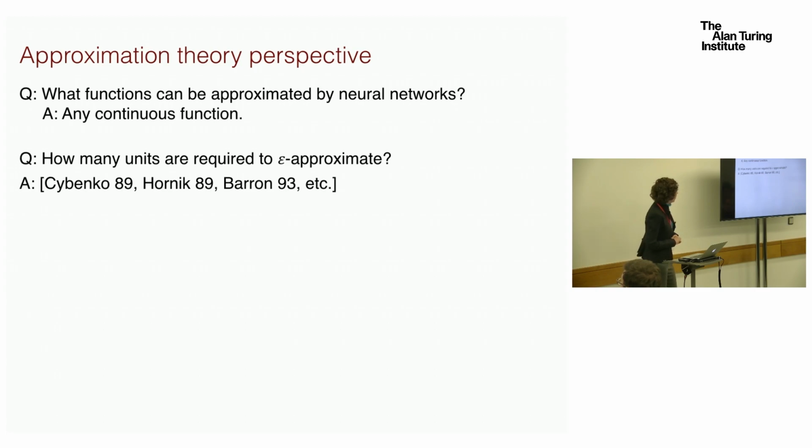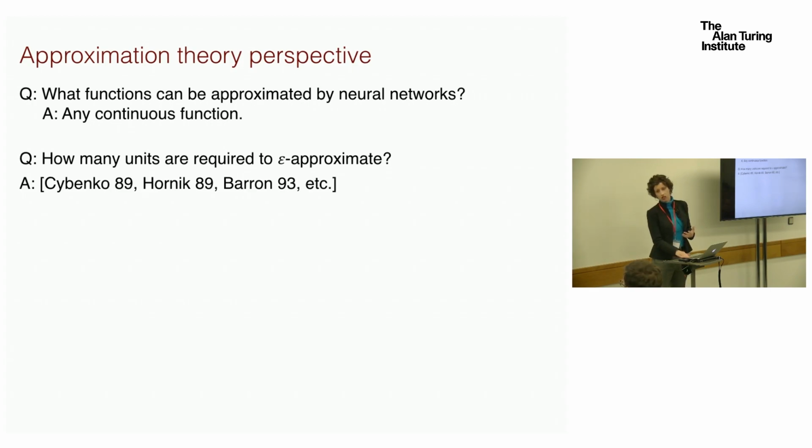But then you could ask, how many different units do I need in order to get an epsilon accurate approximation? If I want to find some h theta that is within epsilon of f, then how big does my network need to be to make that approximation? There's been quite a bit of work in that vein as well.